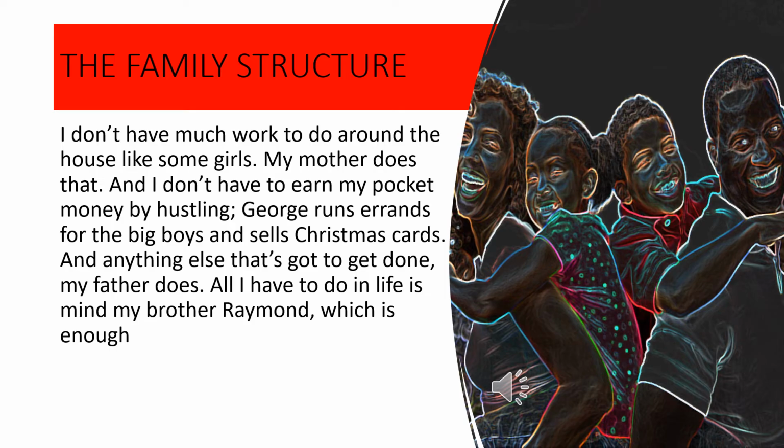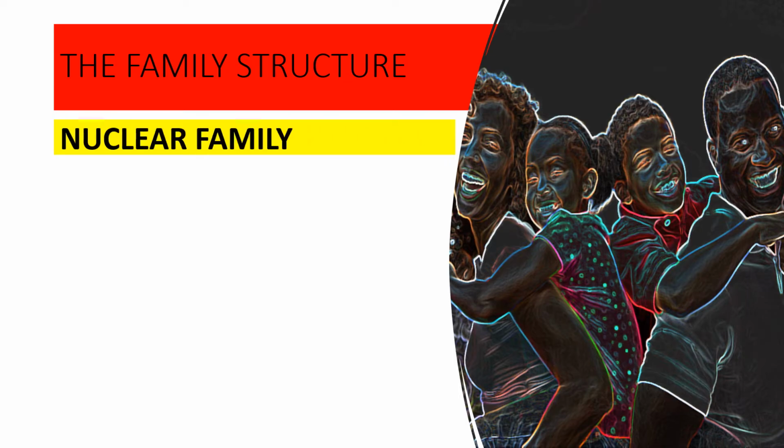Are you able to identify the type of family structure that is presented here? Let's see. If you have identified the type of family structure as a nuclear family, then well done. Go ahead and pat yourself on the shoulders.